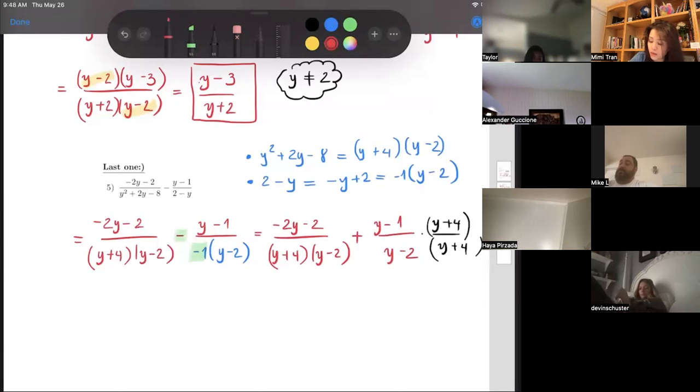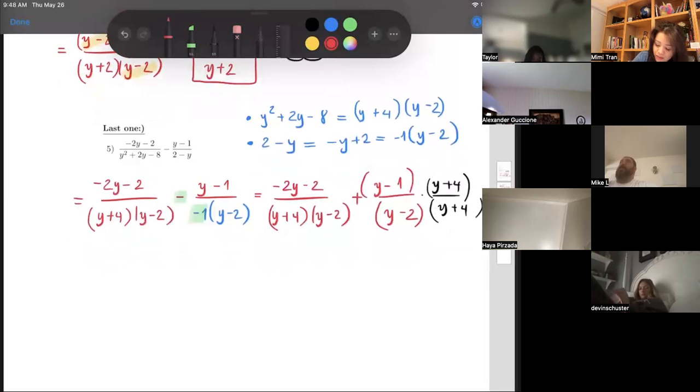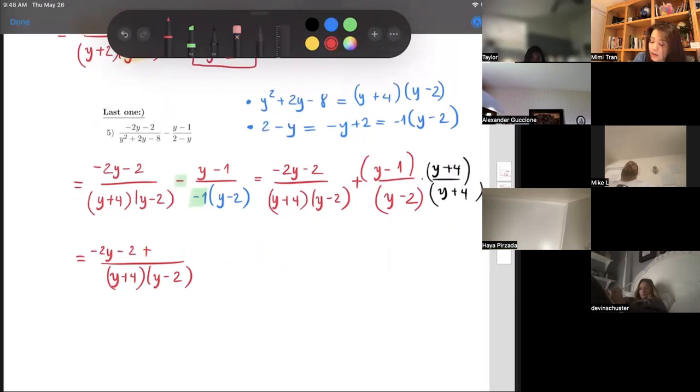So basically you multiply by 1, nothing changed, right? And now you have the same common denominator. All you have to do is add the top. So y plus 4 times y minus 2 in the bottom. The top, negative 2y minus 2 plus, you distribute this. Y times y is y squared. Y times 4 is 4y.